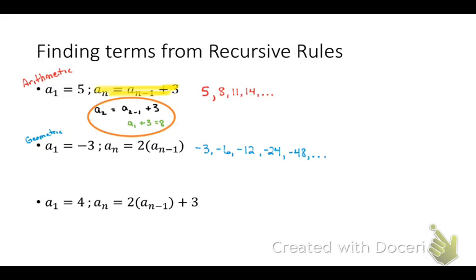So if you think about it, that's still the first term. That's still the second term. That's the third term. That's the fourth term. That's the fifth term. For me to get the fifth term, I had to go 5 minus 1 and get the fourth term and multiply that value by 2. I had to look at the previous spot so I could get the next one in line, essentially.